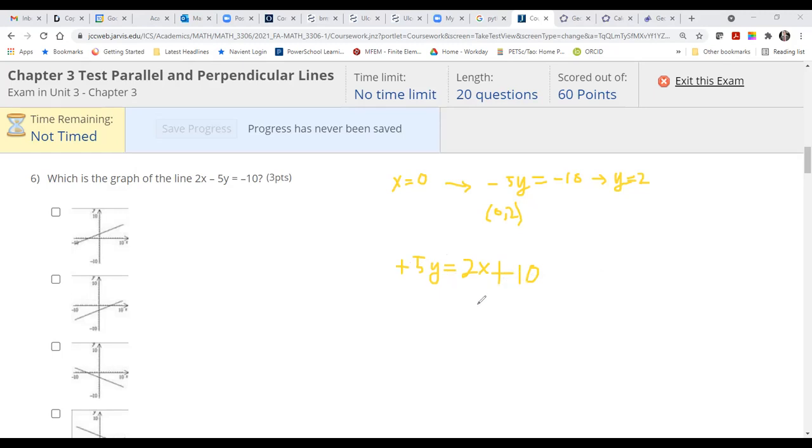And if you divide all of this by 5, you get y equal to 2/5x plus 2, right? You can see the same thing. So the y-intercept will be equal to 2, right? So this one is the y-intercept.